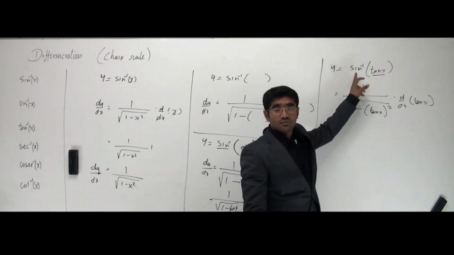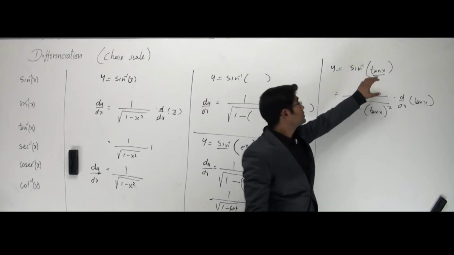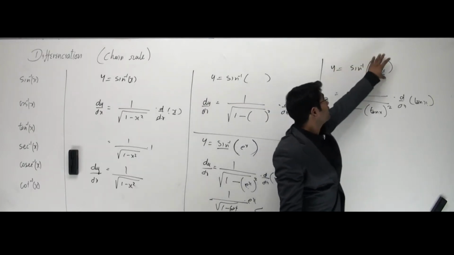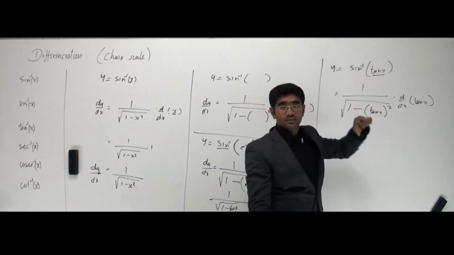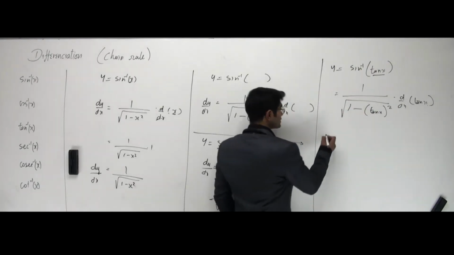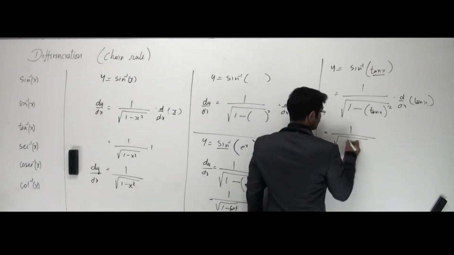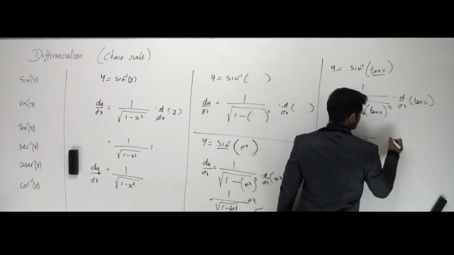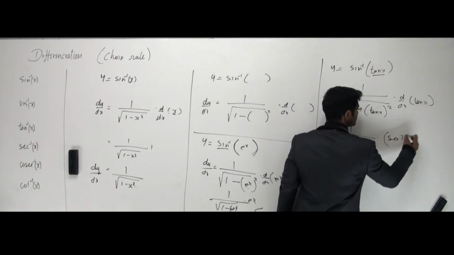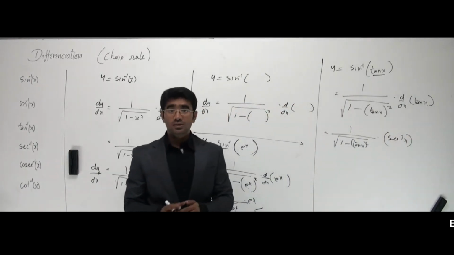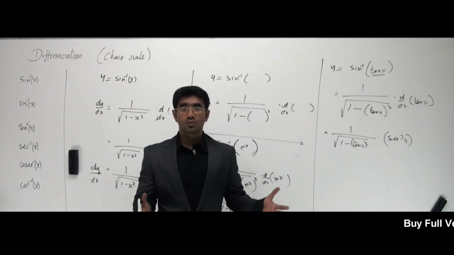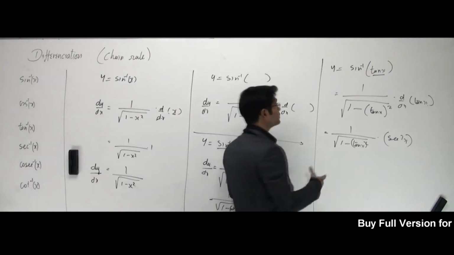You're differentiating sine inverse of tan x. If you're differentiating sine inverse of any function, that function comes here. Keep that in mind. So that is 1 by root of 1 minus tan x the whole squared into the derivative of tan x, secant squared x. So you can do any number of problems with this chain of sine inverse of x.